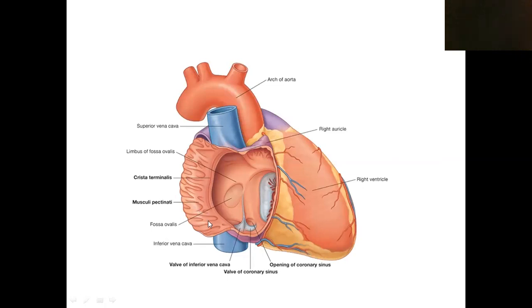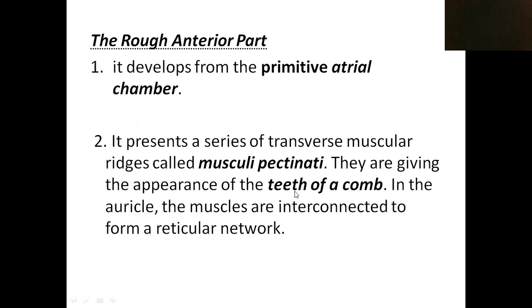All these pectinate muscles reach the crista terminalis. I told you what the crista terminalis is: corresponding to the sulcus terminalis, we have a ridge. This crista terminalis and the musculi pectinati give a comb-like appearance, like the teeth of a comb.